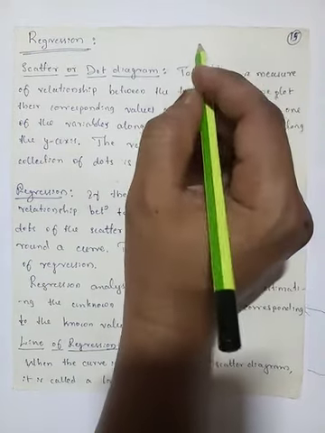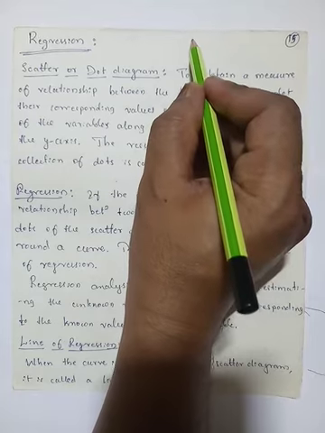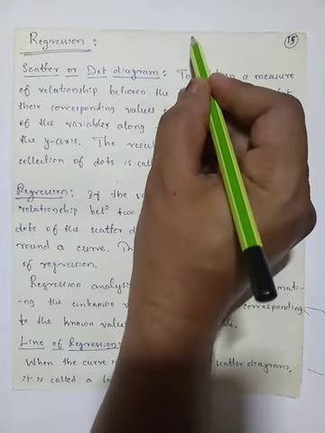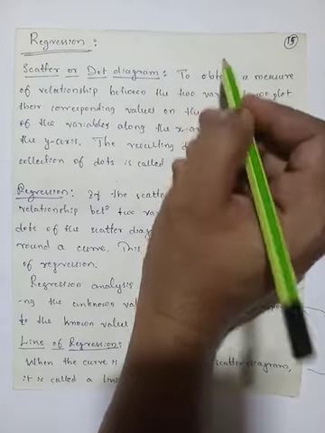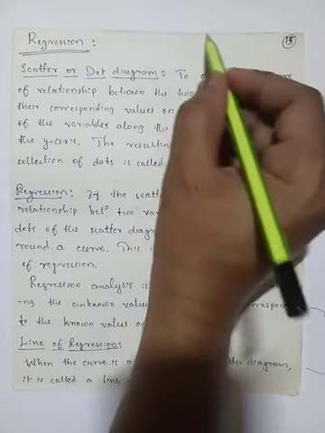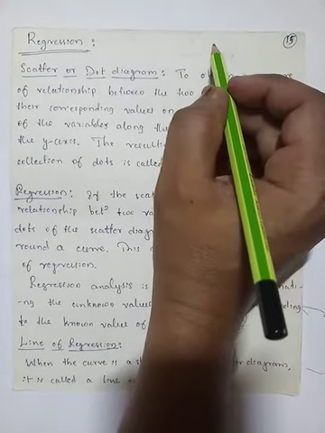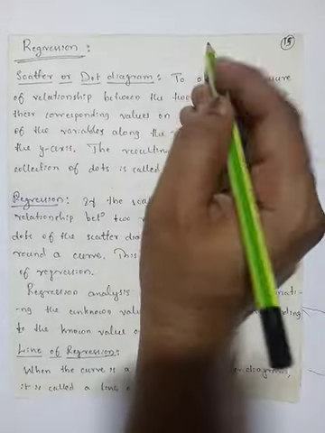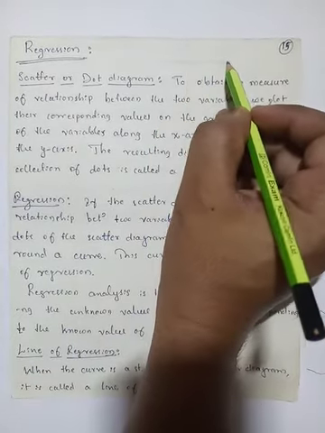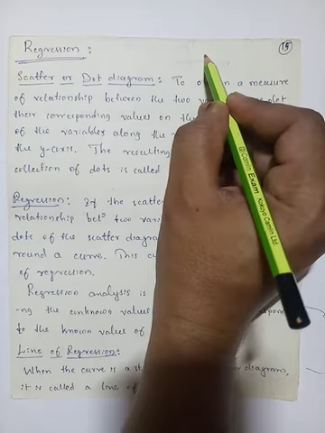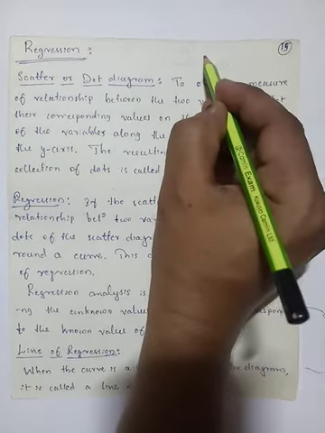Usually in the physics lab or chemistry lab, when you take the readings, we usually draw by taking the data. Suppose this is the x-axis and y-axis. Taking an x value and y value, we get one point.